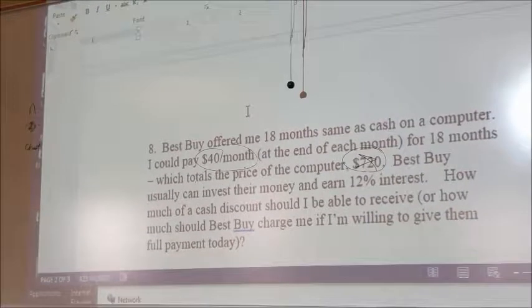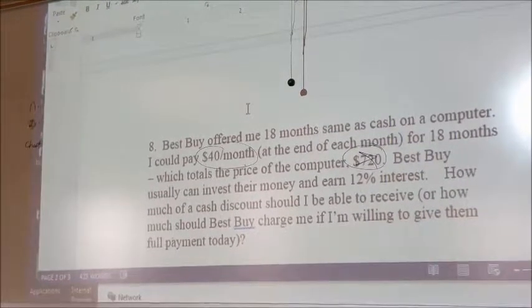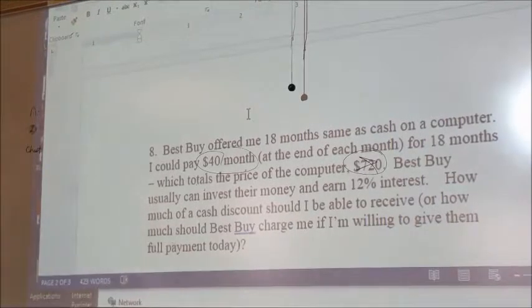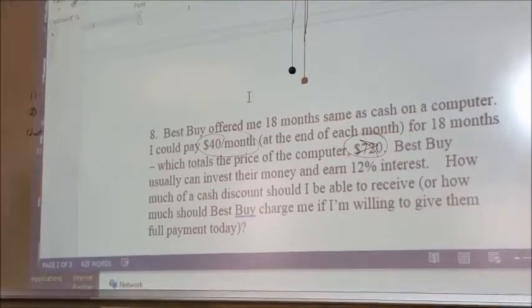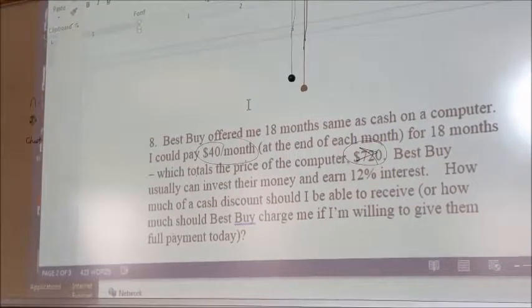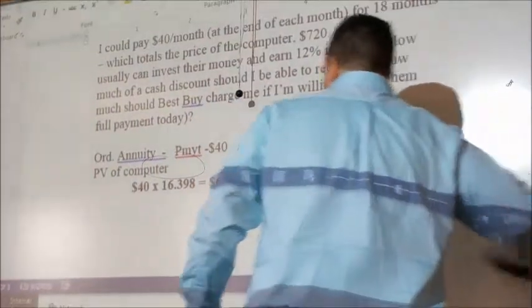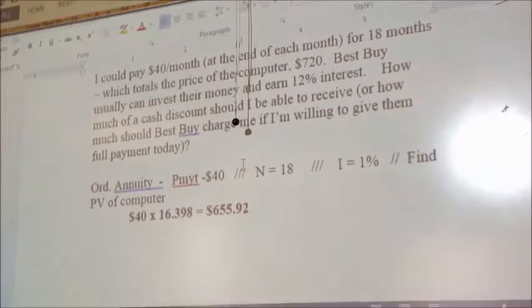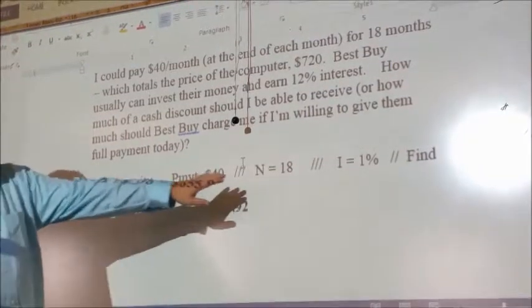So I want to know how much all of these payments in the future are worth now. What are all the payments worth right now? 18 payments.